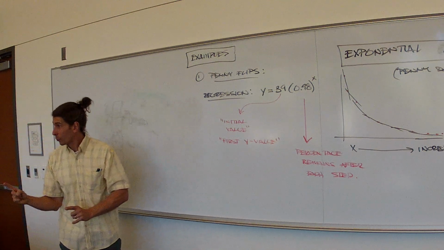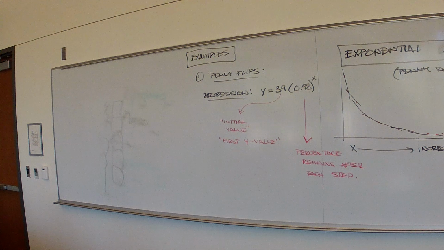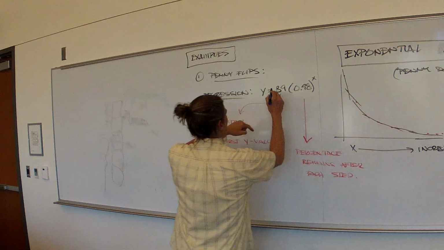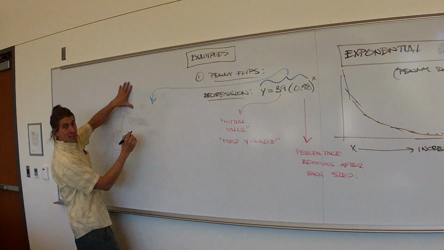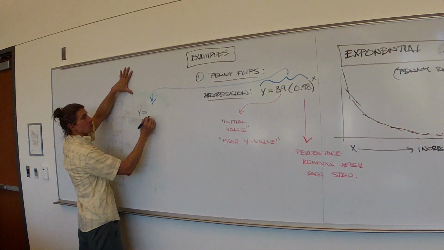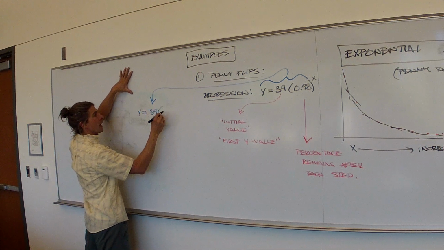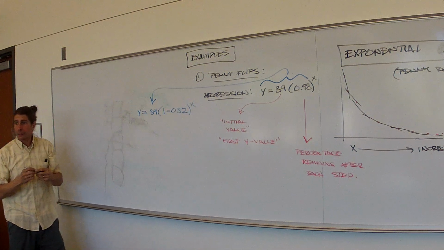52% went away, right? The way I always like to look at this, and because we're Americans, we totally suck at this. I'm going to rewrite this equation in an equivalent but slightly different looking way. y equals 39 times (1 minus 0.52) to the x.